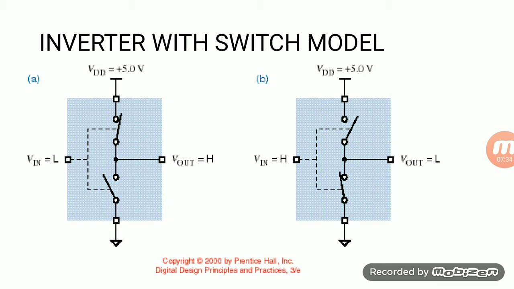In the second condition, Vin equal to high, PMOS is open, NMOS will be closed. So based on the inputs, the transistor will act as a switch, either an open switch or a closed switch. So this is the operation of the switch model using two conditions. Vin equal to 0, output becomes high, and Vin equal to high, output becomes low. That is the explanation of the CMOS inverter with the switch model.